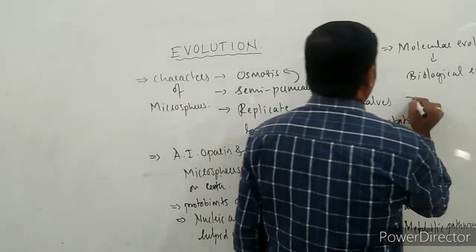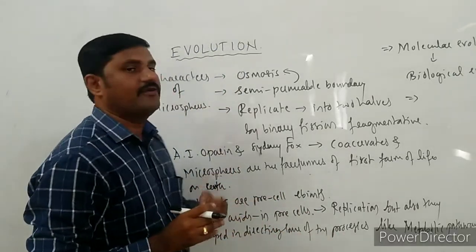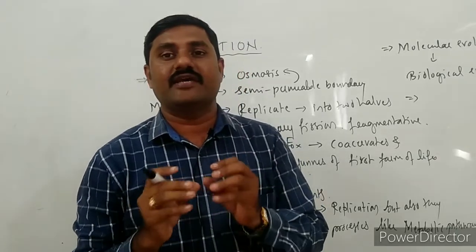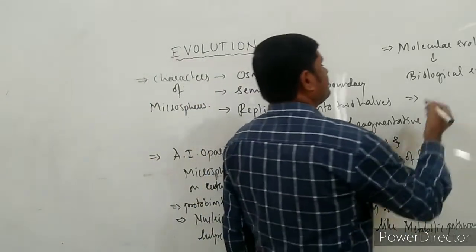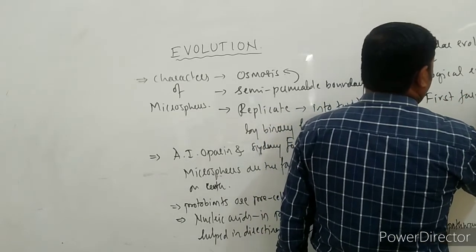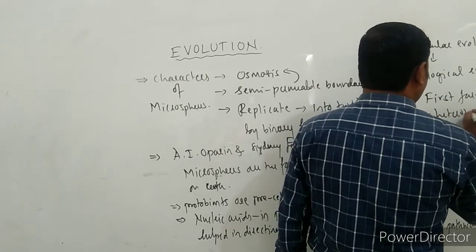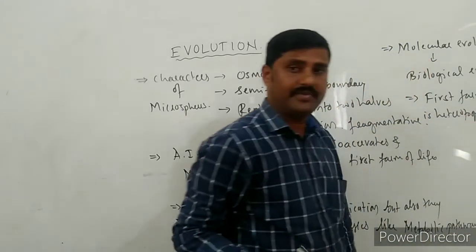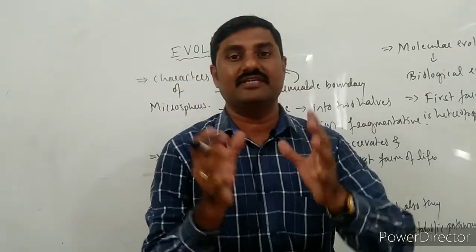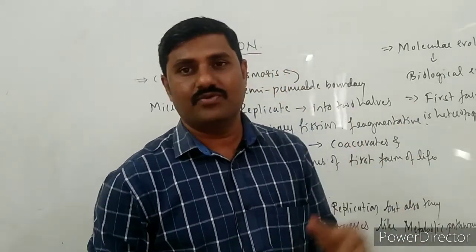Initially, when these protobionts formed, the first form of life was heterotrophic in nature. Means they used to depend on other organic matter present in the sea water. Why? Because life originated inside the water itself.